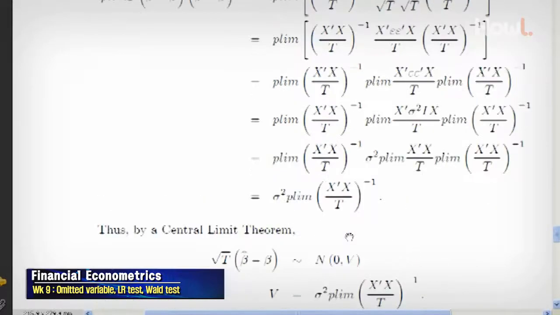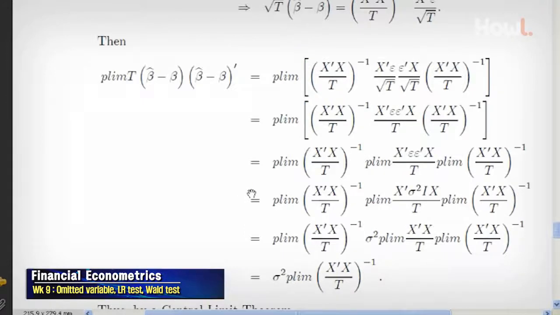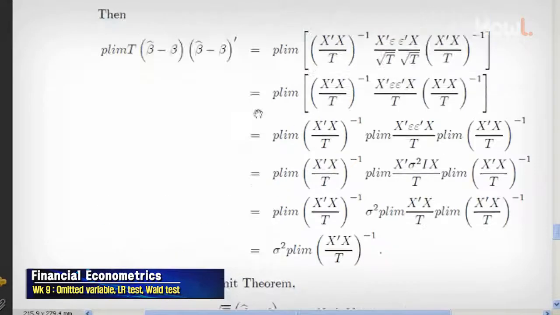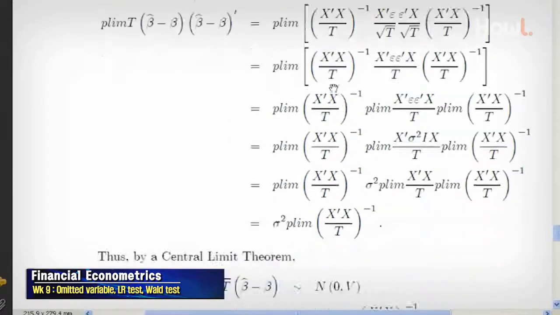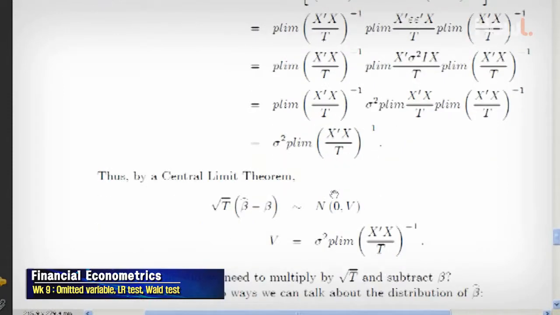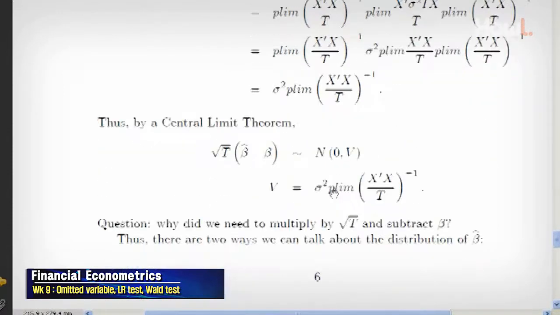And therefore, now we have the central limit theorem. By the central limit theorem, this thing should converge to this one, and the variance of this one should be like this one. This is called the central limit theorem. So why do we need to multiply by this?